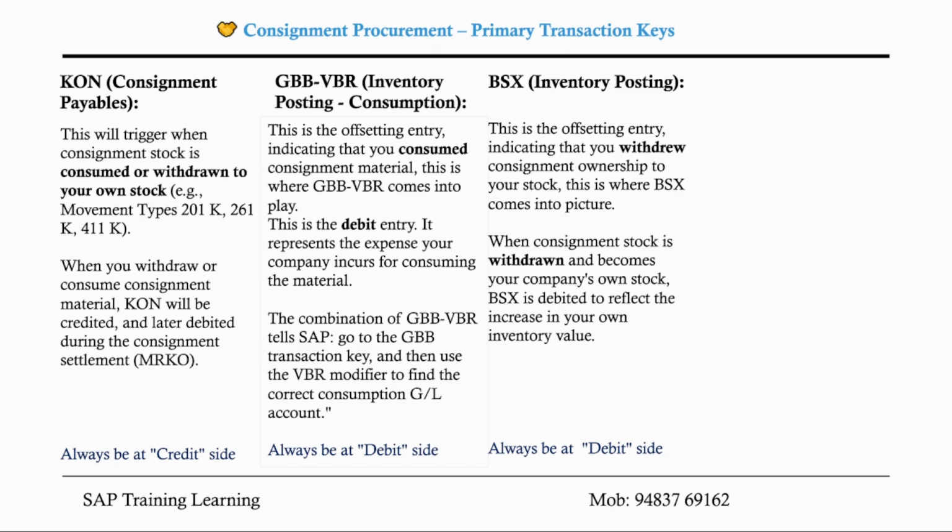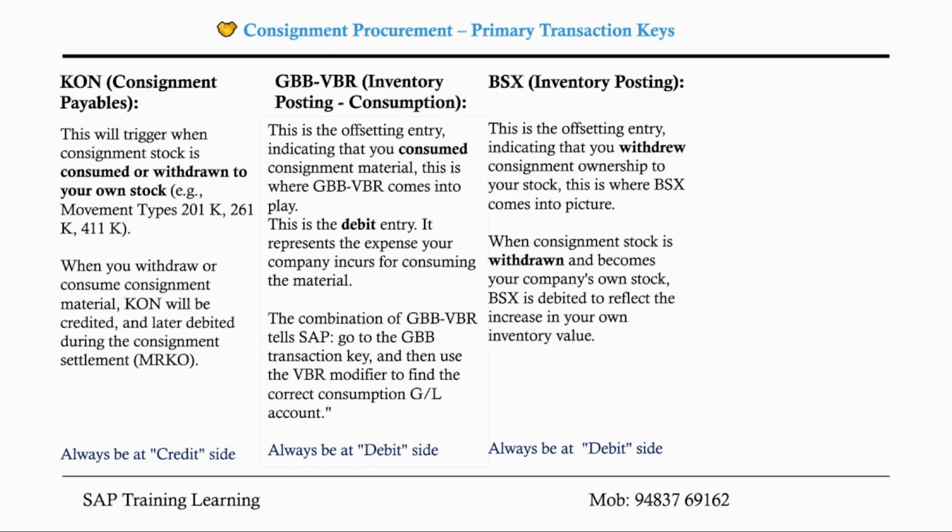And also the same GBB VBR is used when you start consuming for your production orders. Because there are two types of consuming: one is to your cost center and one to your production order.